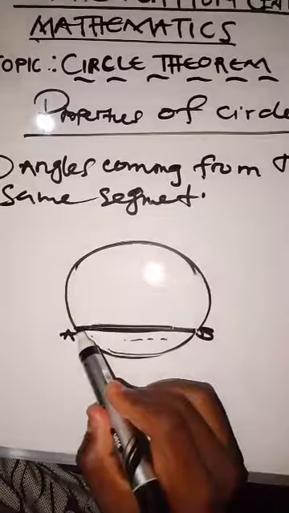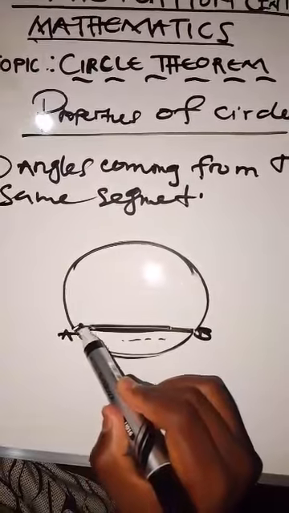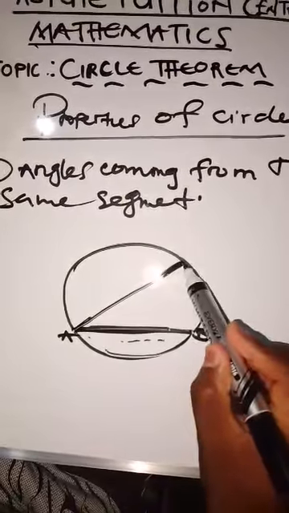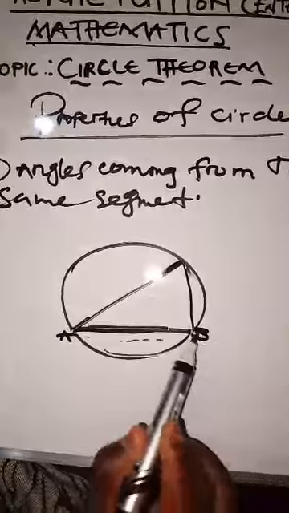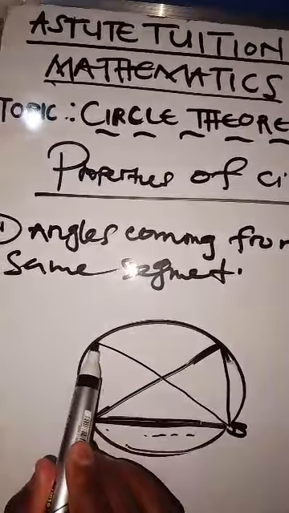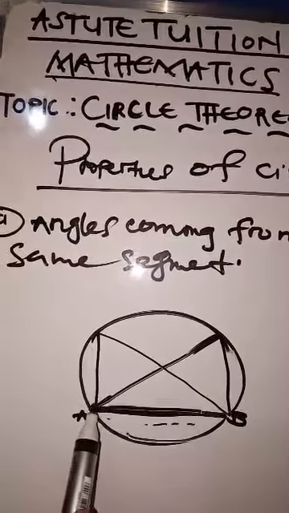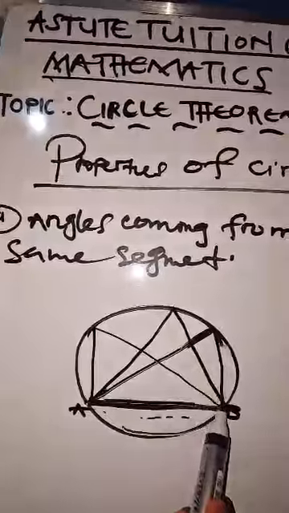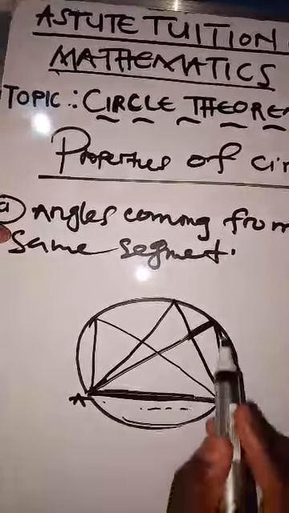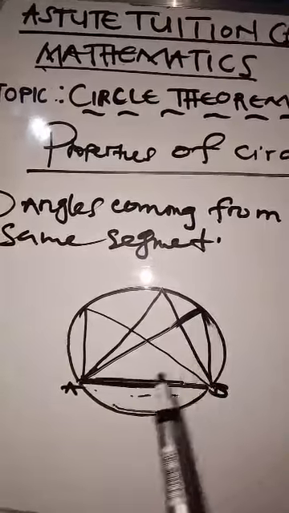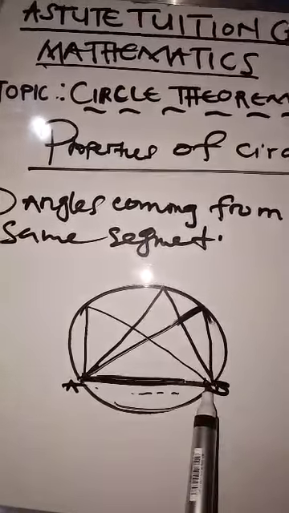Okay, so let us say you have got this triangle here. Again, you have another one here. So according to this property, all angles from the same segment are equal.